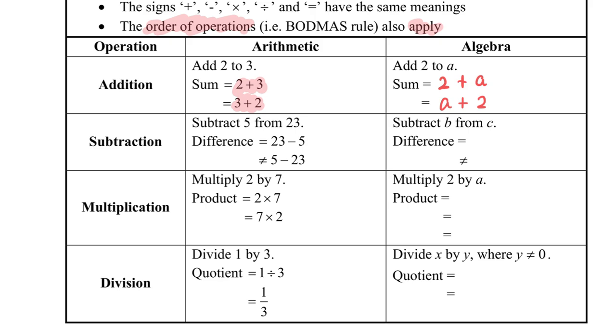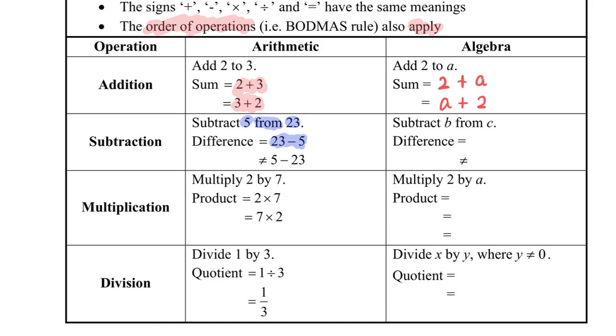For subtraction though, we are very strict, okay? Subtract 5 from 23. The word from means that we must start from 23. So it's 23 minus 5. And this is not equal to 5 minus 23. They have different values.